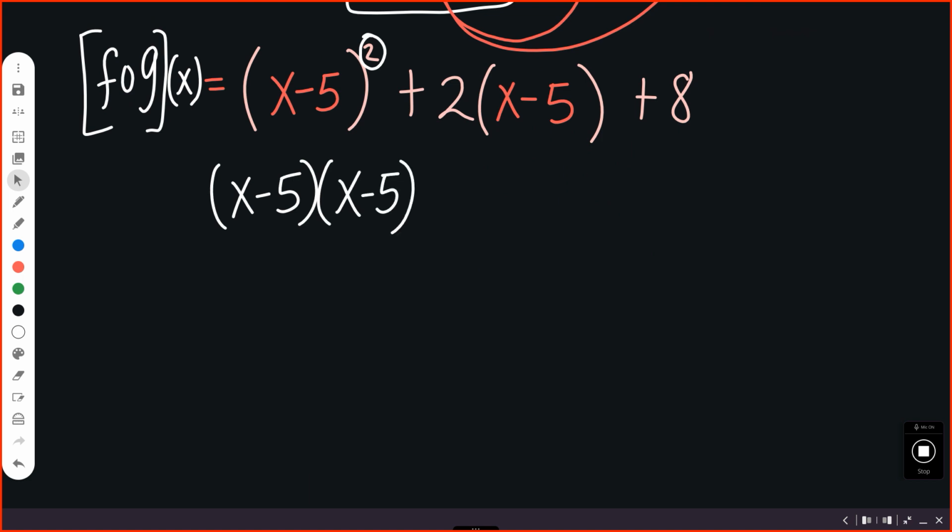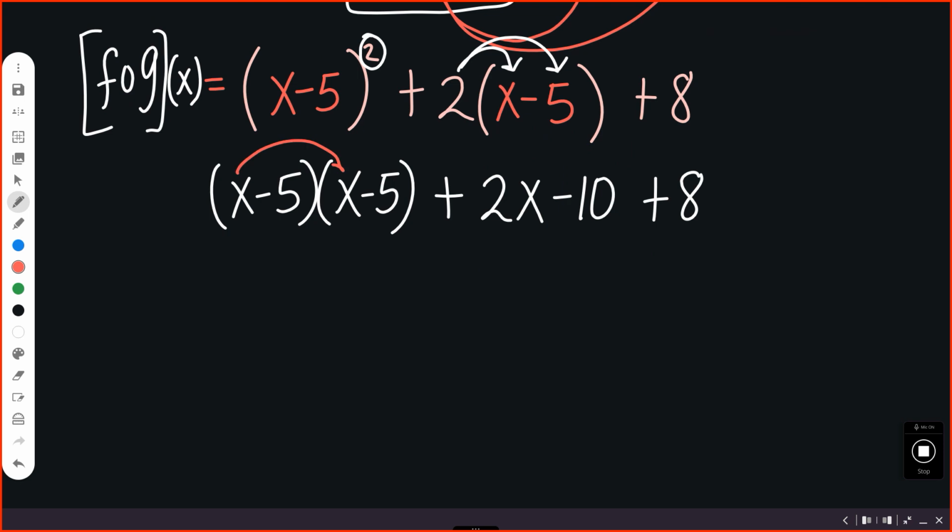Then we can do distribution here by multiplying. We get 2 times x is 2x, 2 times a negative 5 would be a negative 10, and then we have a plus 8. Now for this one, I'm going to have to FOIL, multiplying two terms times another two terms.